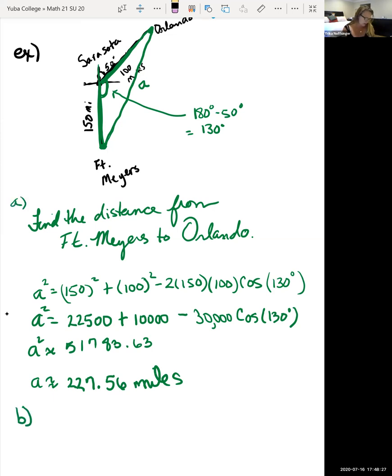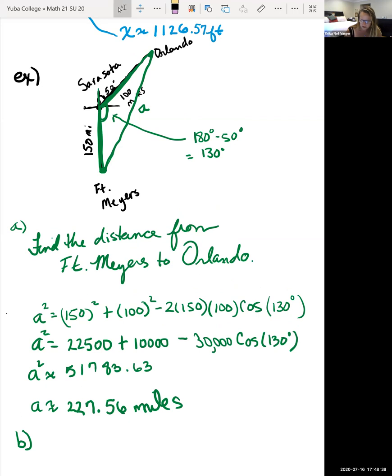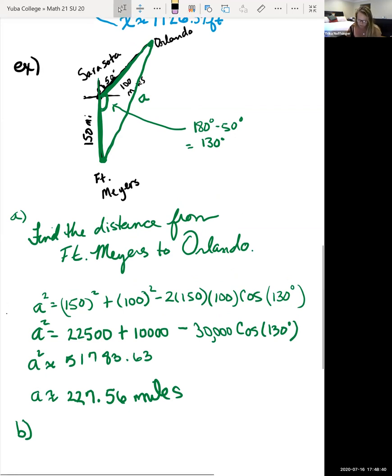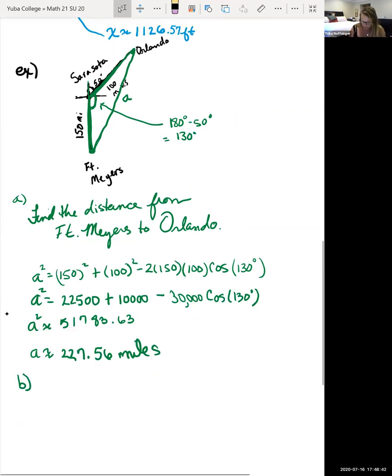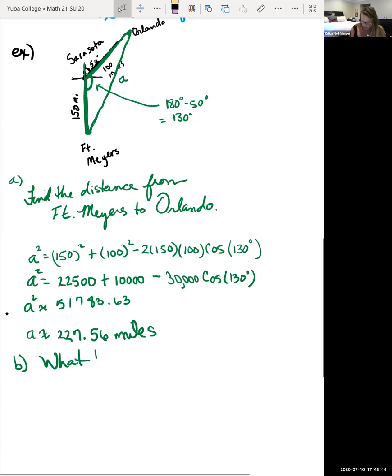Part B asks, what bearing should the pilot use to fly directly from Fort Myers to Orlando?